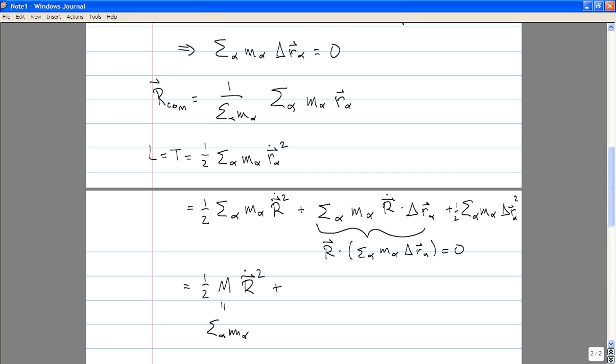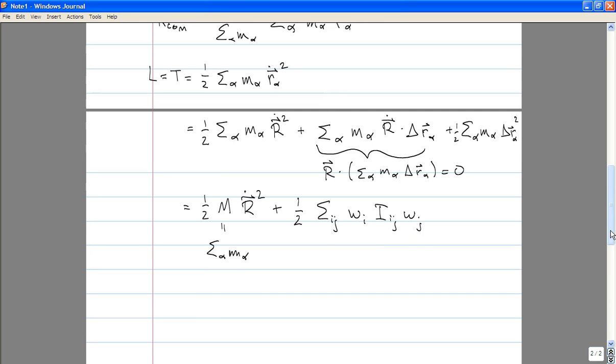And that, according to our discussion yesterday, is 1/2 the sum over i and j of omega i I_ij omega j, where I_ij is the inertia tensor, evaluated about the center of mass.